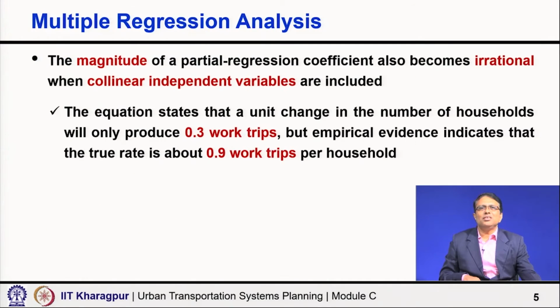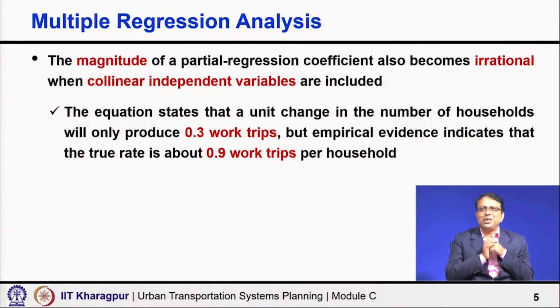Actually, empirical evidence shows that per household the trip rate is not as low as 0.3 for work trips. It is actually close to 1 for the kind of data which were used for this analysis.